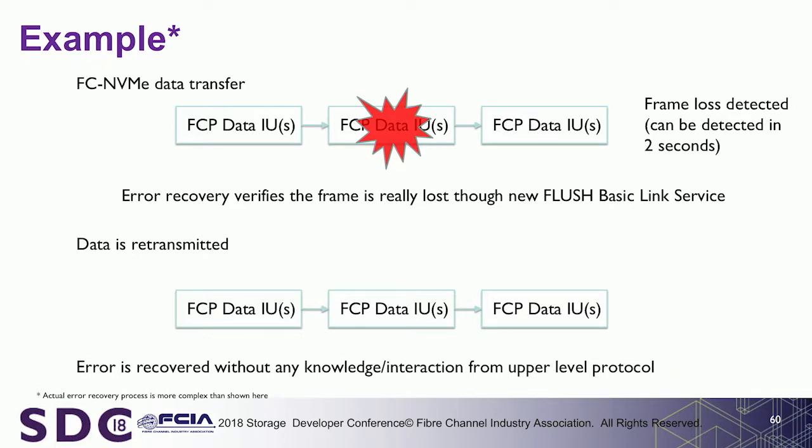We know, in most cases, within 2 seconds that something has gone wrong. We've defined a new flush service, which we can use to double check whether or not the frame has really gone missing, because one of the worst things you can do in error recovery is send out a duplicate frame when the original frame didn't go missing. So we make sure that the frame has actually gone missing, and then once we go through that process, we know that we can retransmit.